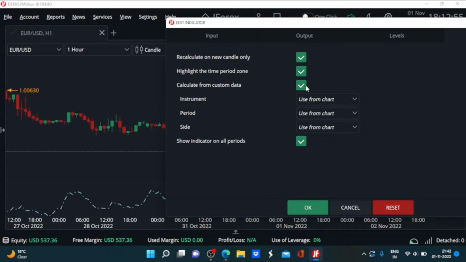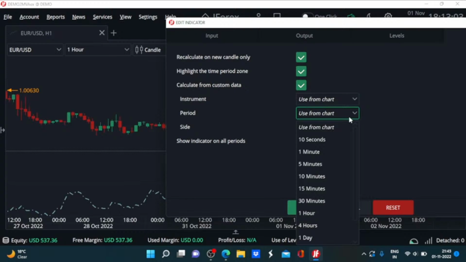The calculation can be customized further. It can be for any instrument from the chart, or you can specify on which instrument these indicators should appear. The candle period can similarly be the same as per the chart, or you can specify that the calculation period should be different.